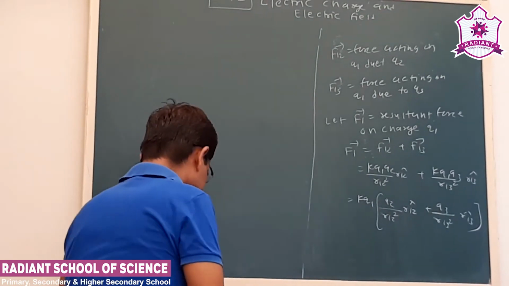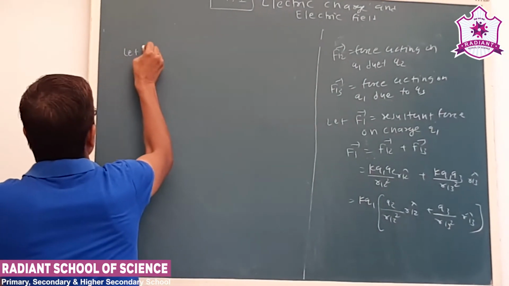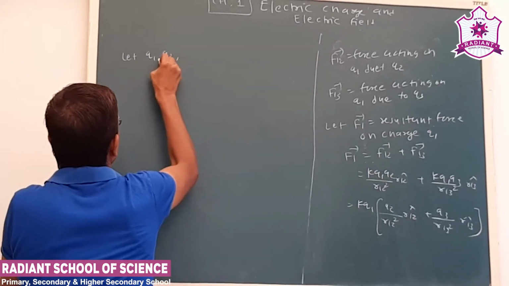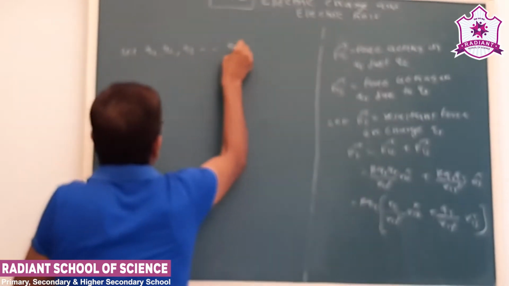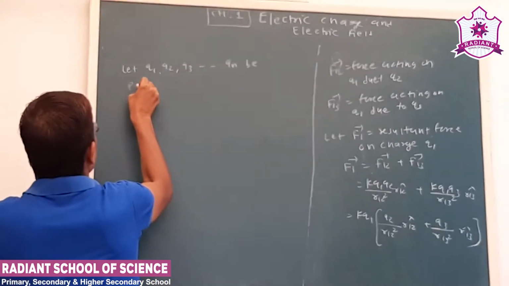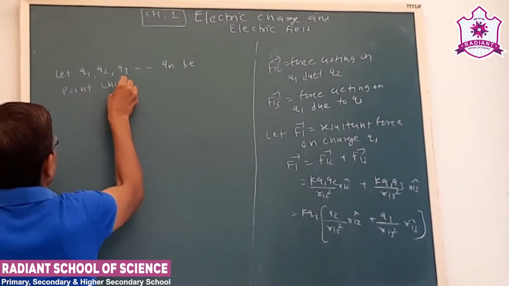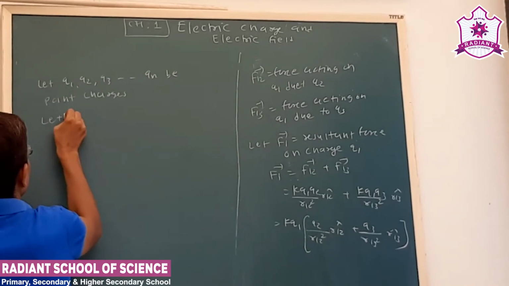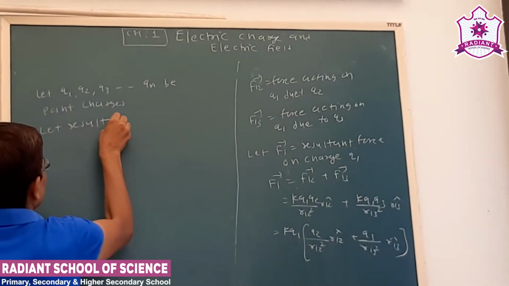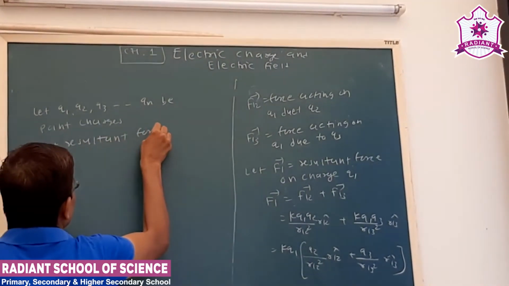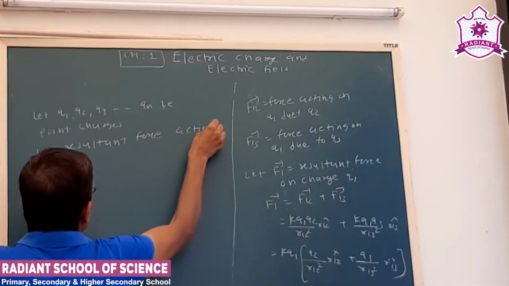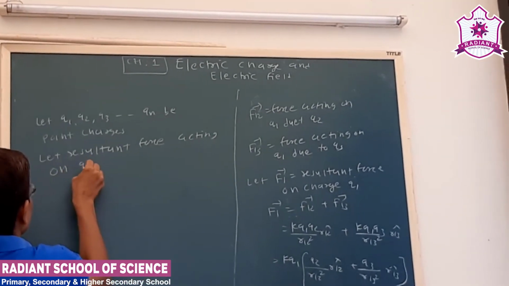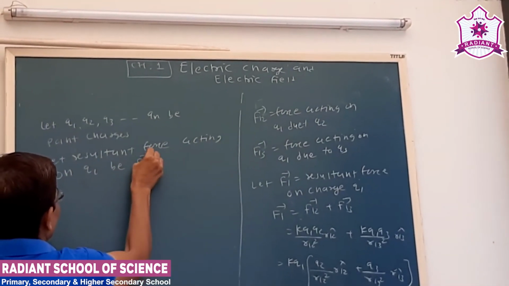Let Q1, Q2, Q3 and so on be point charges. Let the resultant force acting on Q1 be F1.